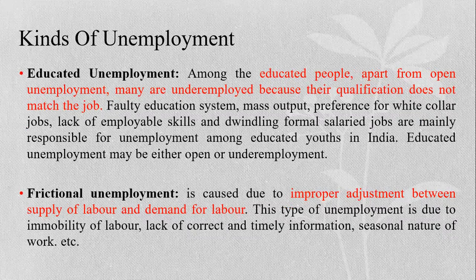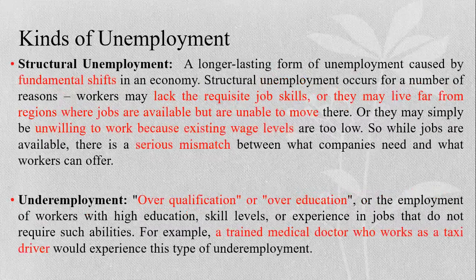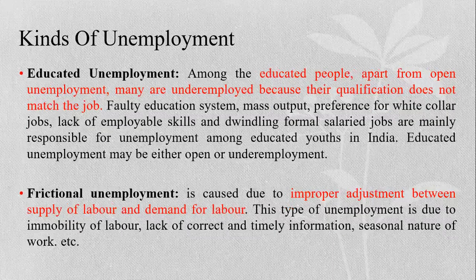Next one is educated unemployment. You can see that this one is overlapping with underemployment. But here we are particularly talking about educated people. Among the educated people, apart from open unemployment, many are underemployed because their qualification does not match the job.